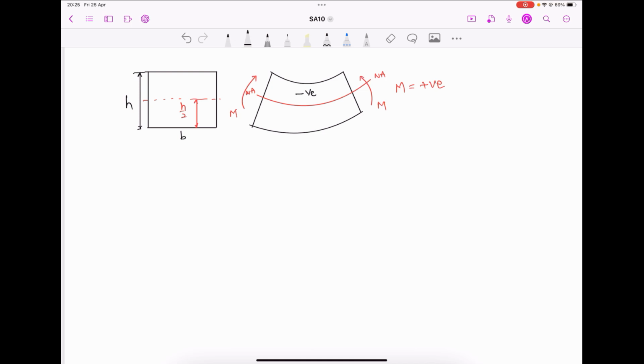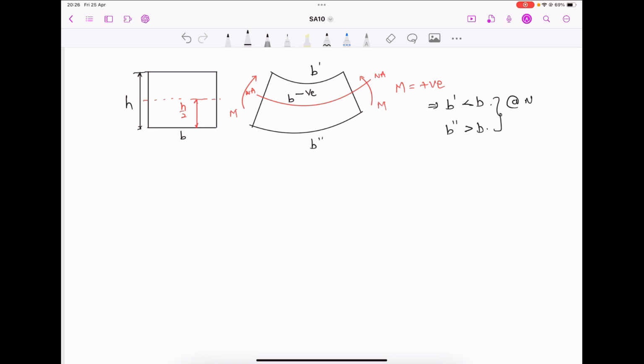The new B is, let us say, B dash, this is B double dash, this is B. B dash is less than B and B double dash is greater than B. Please try to understand.